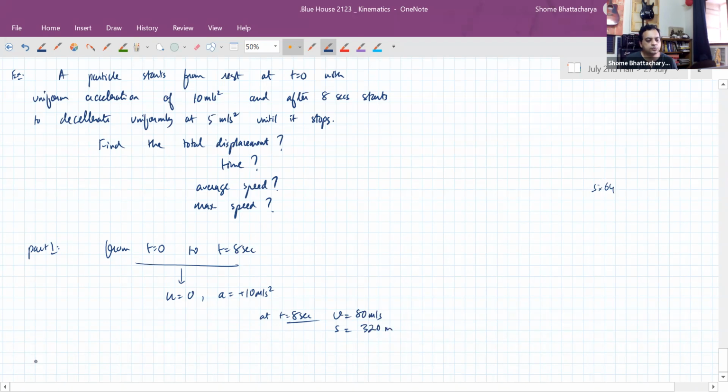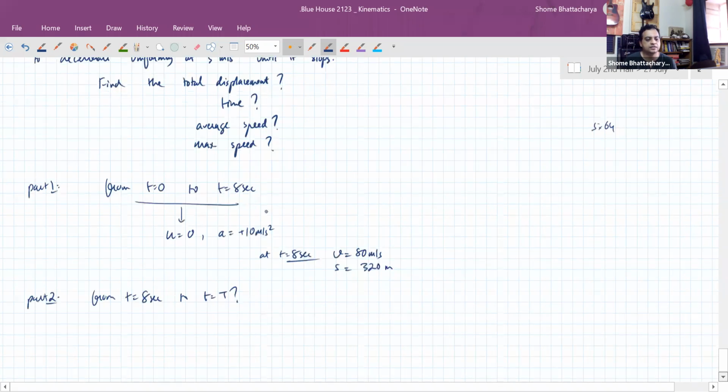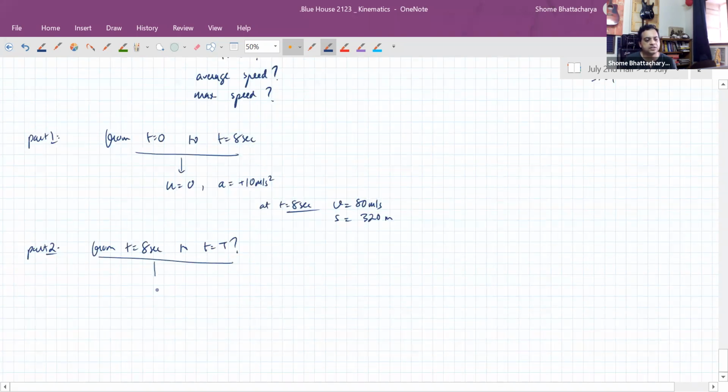Now the second part of the motion is from t equal to 8 seconds to some time capital T, suppose we don't know the value. For that interval, the initial velocity, let's say u prime, is becoming 80 meters per second.